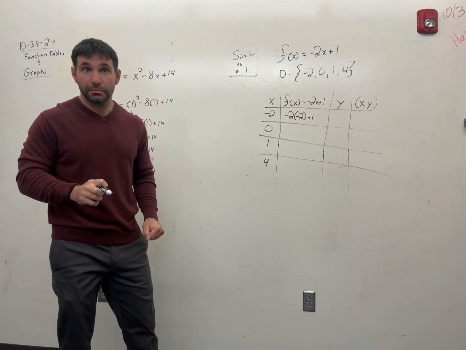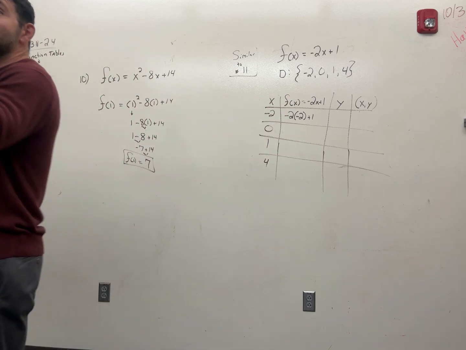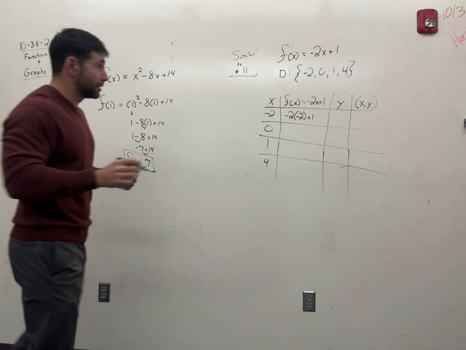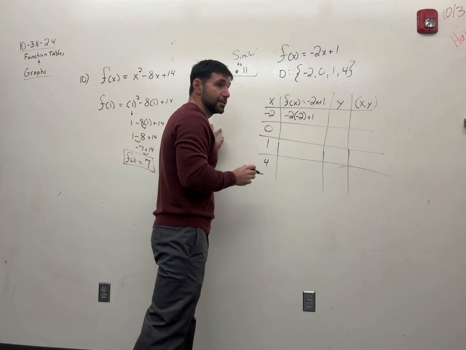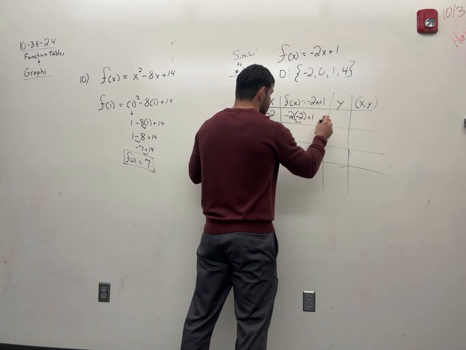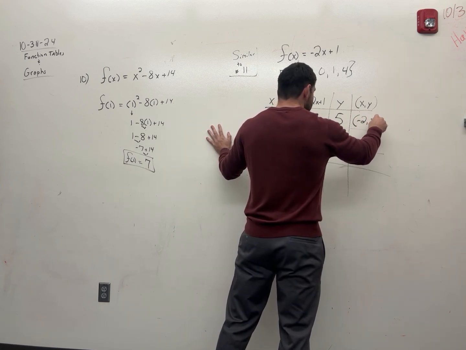Can I do that? Because I'm substituting it into what? The function. X is the input. It's getting into the function. Negative 2 times negative 2 is positive 4. Plus 1 is 5. My ordered pair is negative 2 comma 5.